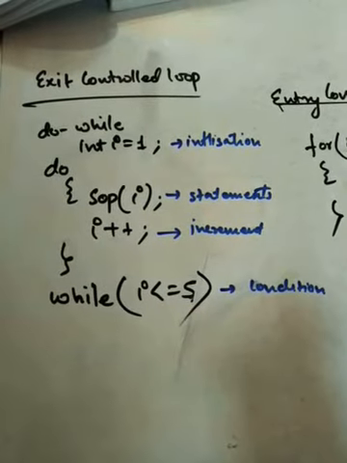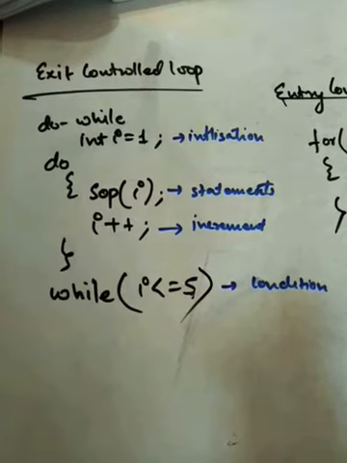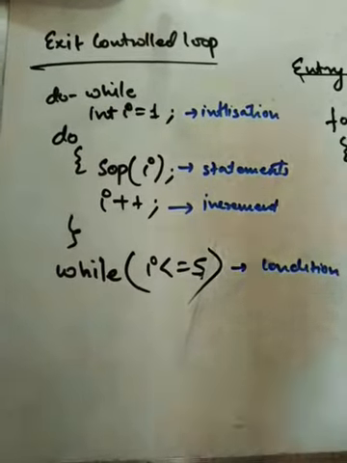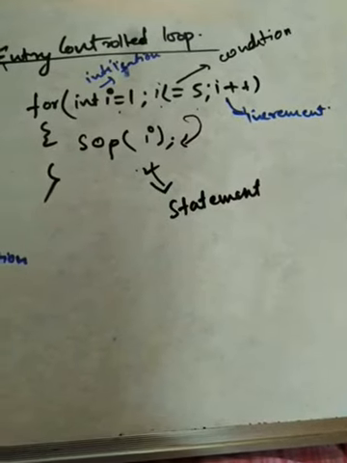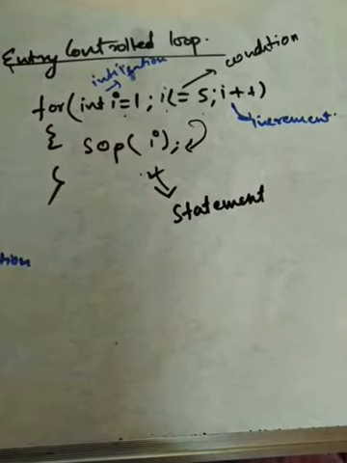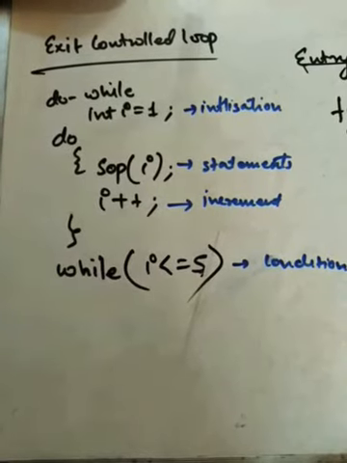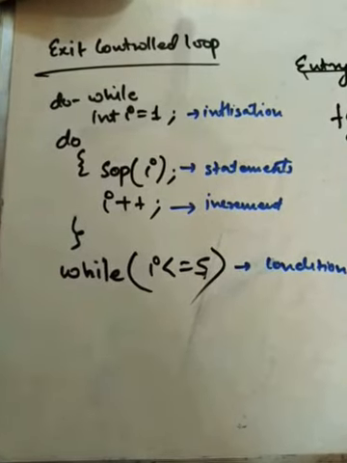Now in a do while loop, the exit control loop, what happens? The loop we made using for loop and then with while loop has been made the same way using do while loop.